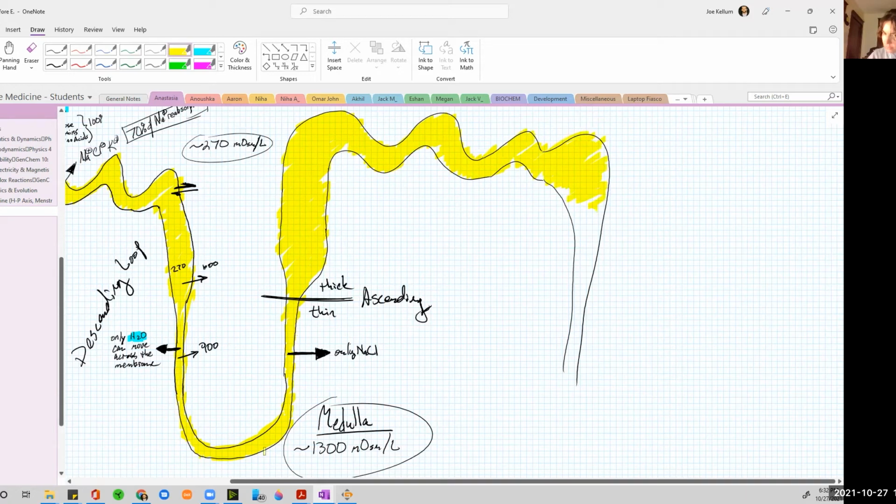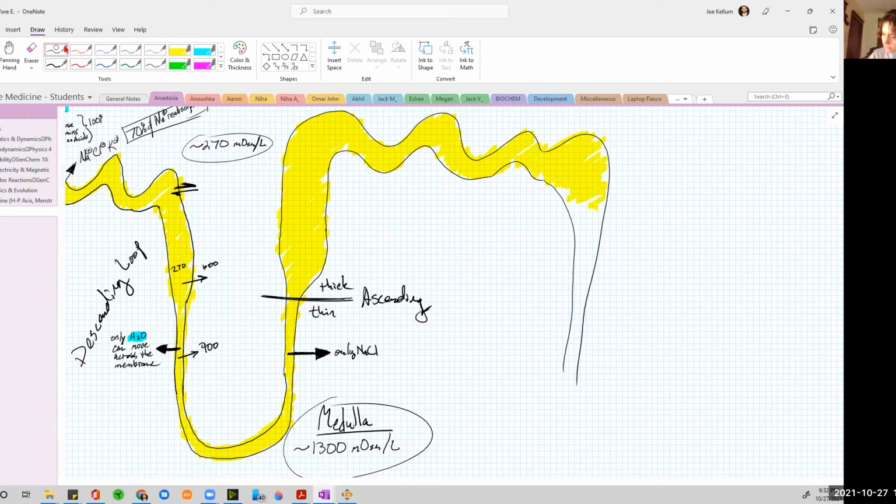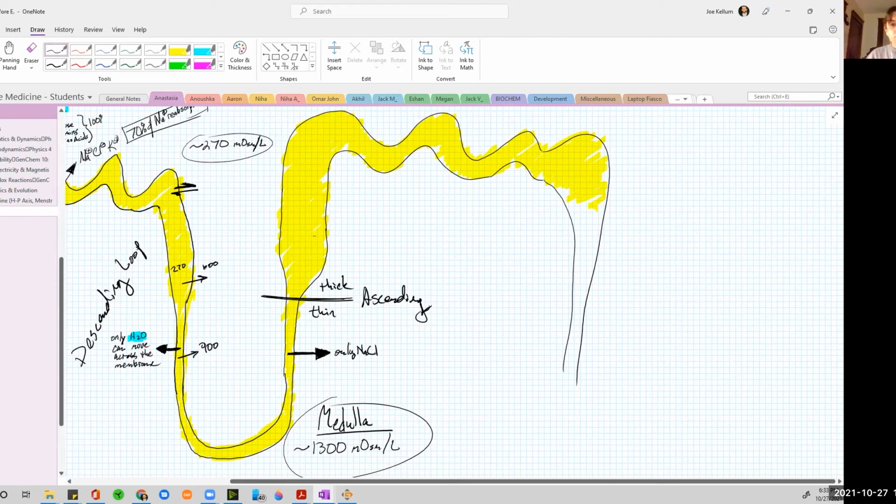And so how do you think you're able to do that? Because we've got only salt moving still. But now all of a sudden we're able to get the interstitial space more concentrated, or to get the tubular space less concentrated than the surroundings.